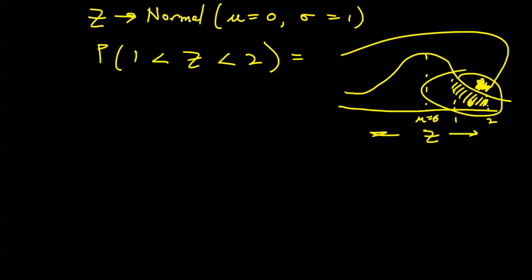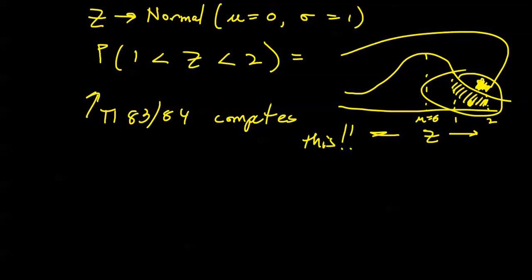Alright. Now don't panic because the TI-83 or 84 will compute this for us. We don't need integral calculus, at least not yet. Alright, it's done with the normal CDF command.